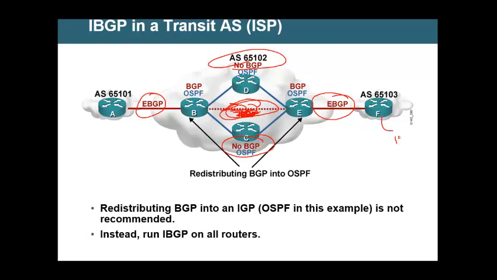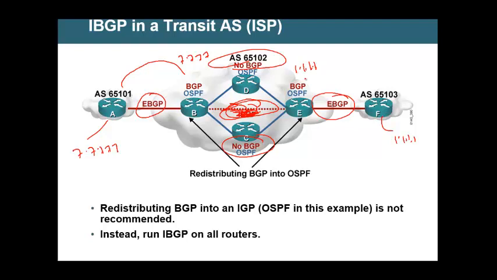So the route of F is 1.1.1.1. The route of A is 7.7.7.7. Now, 7.7.7.7 will come here. Likewise, 1.1.1.1 will come here.